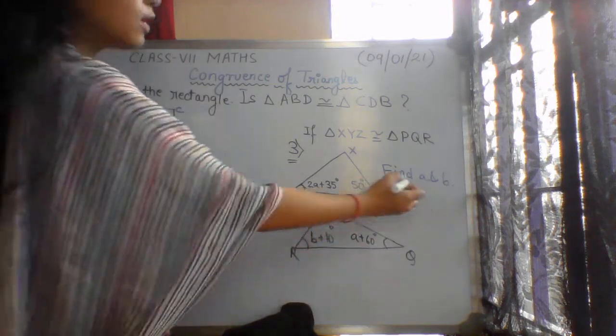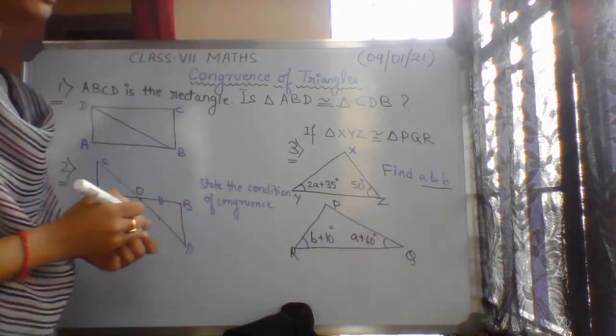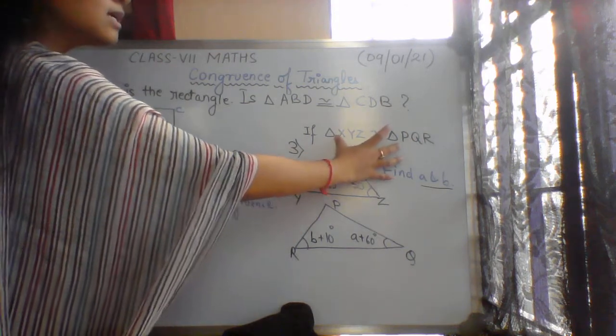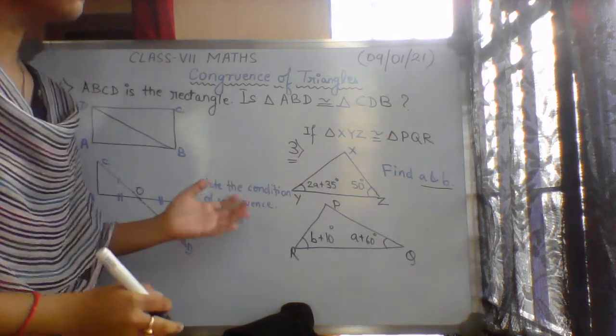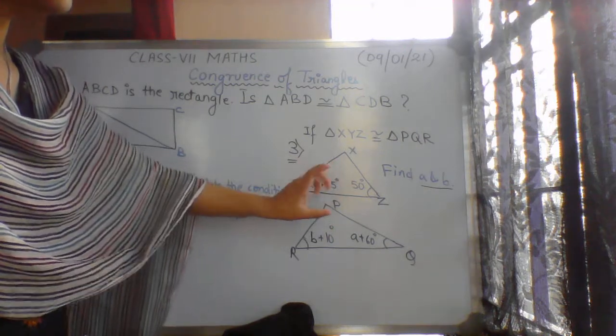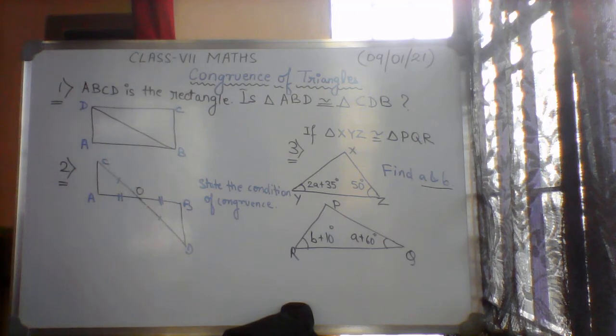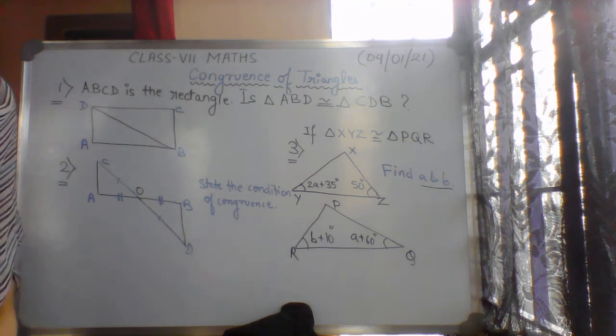You have to find the values of A and B. Use the concept of congruency, and from there apply how to find the values of A and B. So try these three questions and solve more and more questions on congruency of triangles.